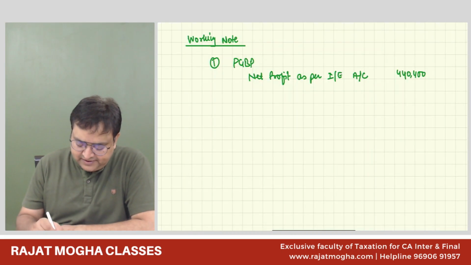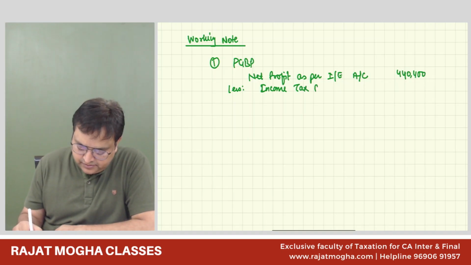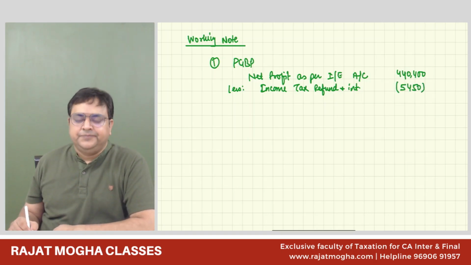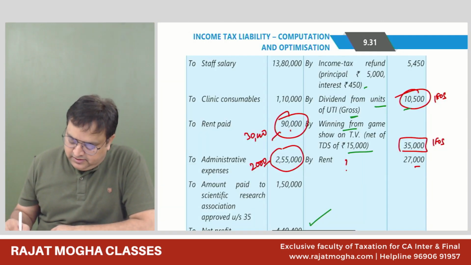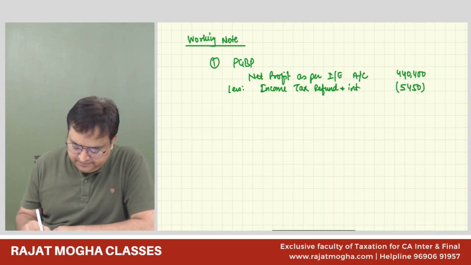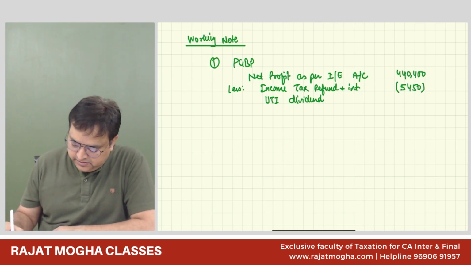So you will subtract less income tax refund with interest, 5450. You will subtract it. Dividend from UTI 10,500. It is not a PGBP income. UTI dividend, 10,500.